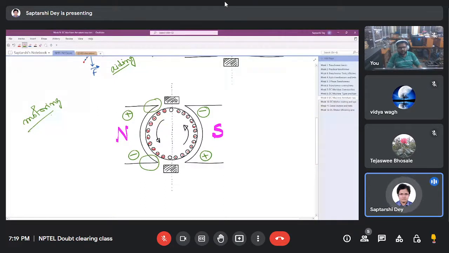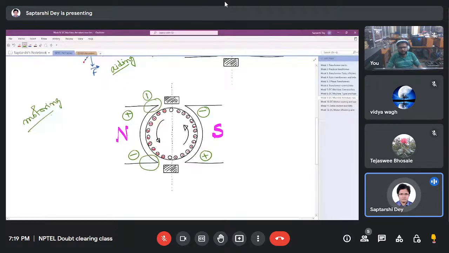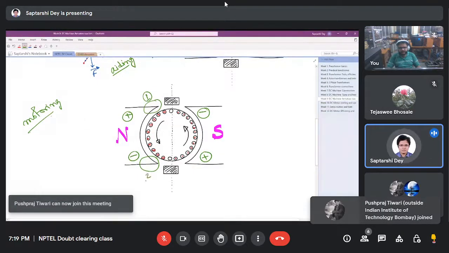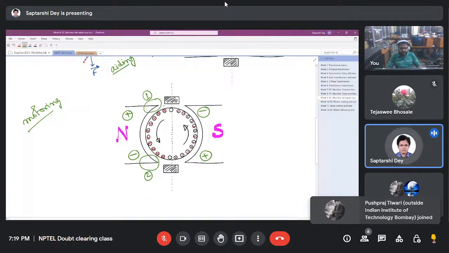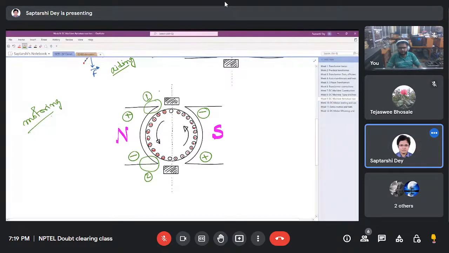One conductor of the rotor sees this pole tip, which I call tip number 1, first, then it sees tip number 2. So the tip that it sees first is the trailing tip.